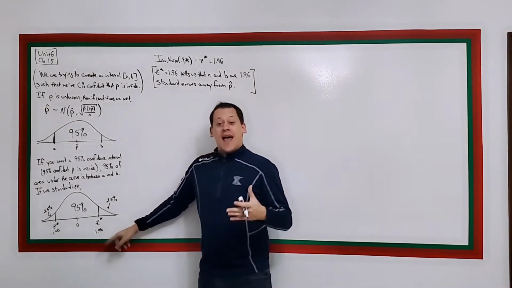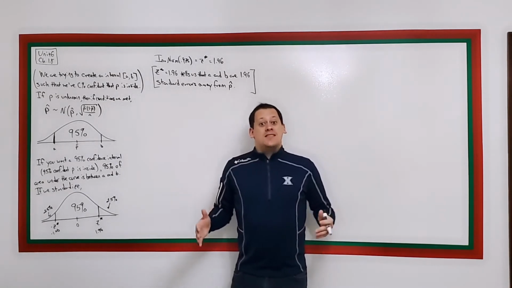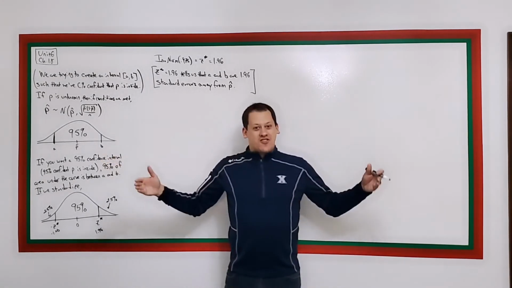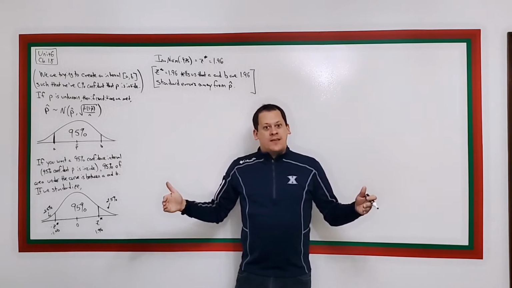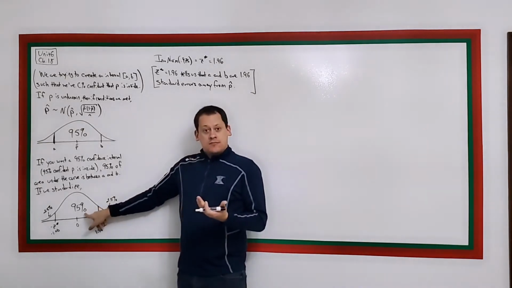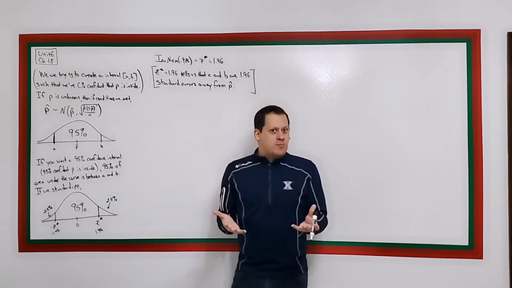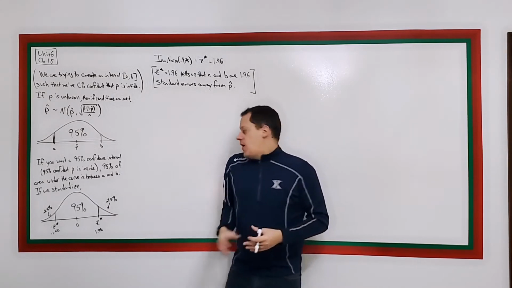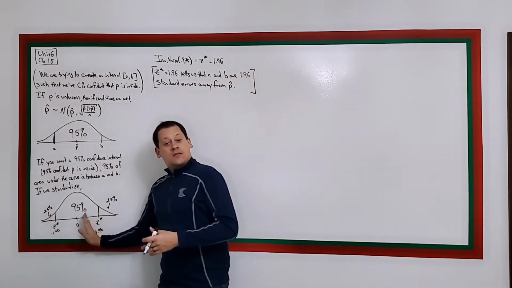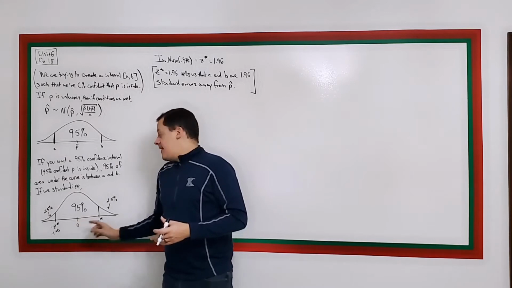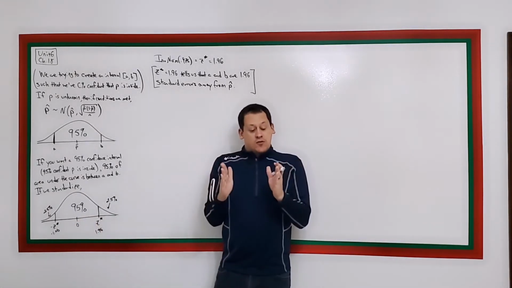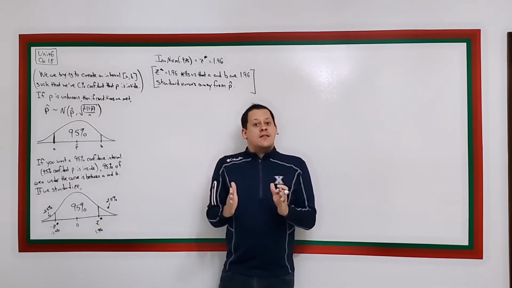If you want to be more confident that p is in your interval, your z-stars are going to have to get bigger, and that means that A and B are more standard errors away from p hat. If you reduce this number to, say, you only want to be 80% confident, well, that will allow the z-stars to get smaller. That will allow your confidence interval to be narrower. Okay?